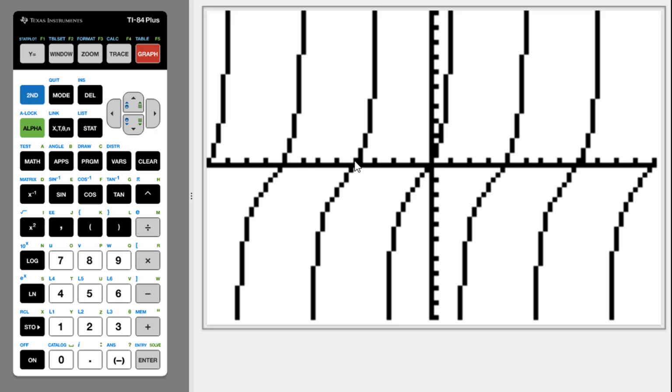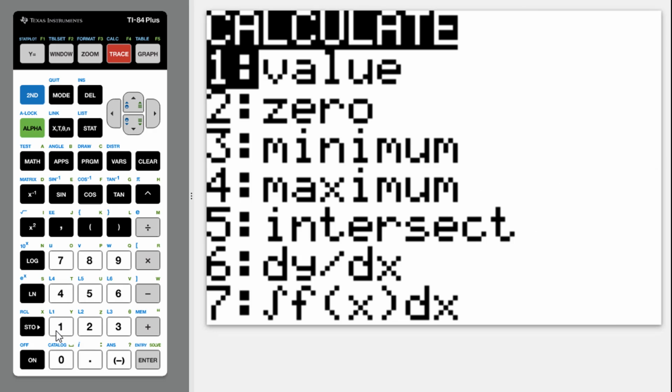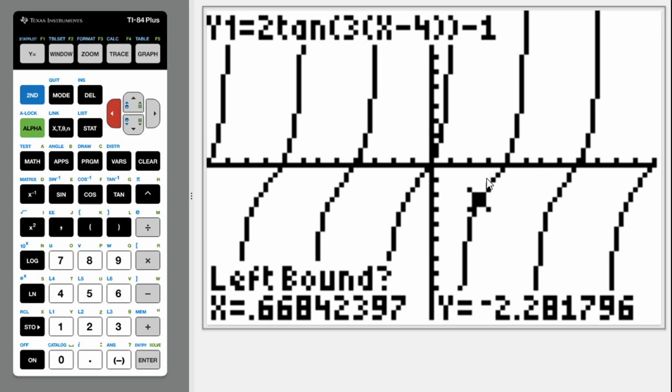Since we have so many solutions, we will use a general formula to figure out the answer. First of all, let's figure out only one x-intercept. So let's go to second trace 2. Since we want to figure out any one of these x-intercepts, use this point as the left bound of this x-intercept.